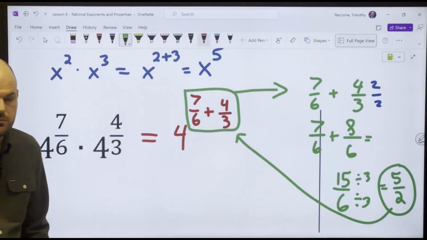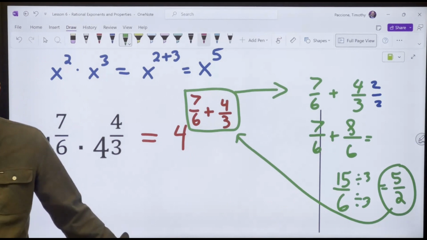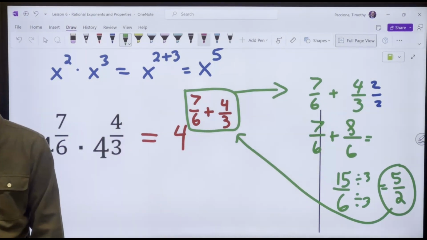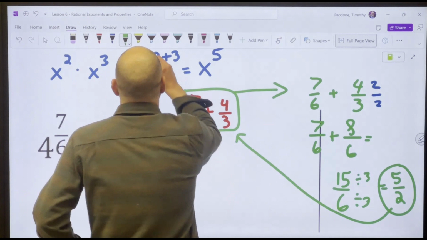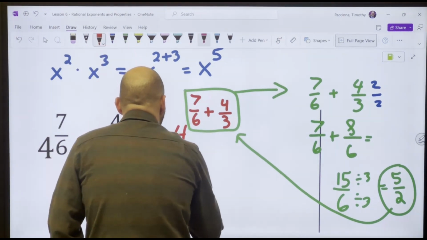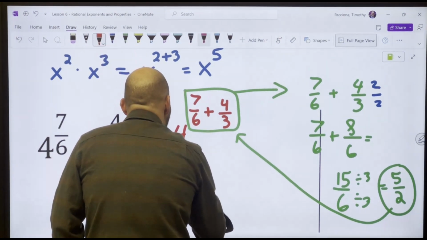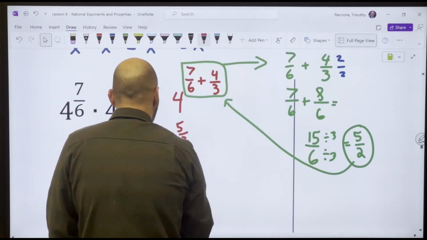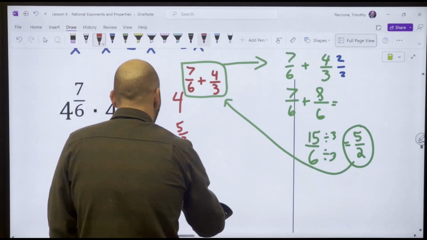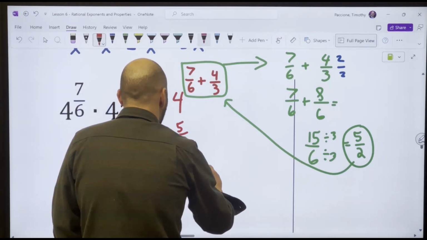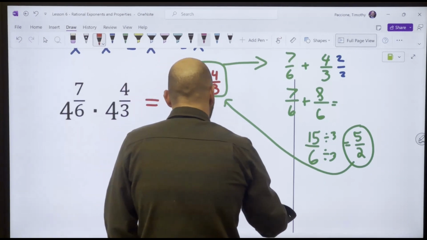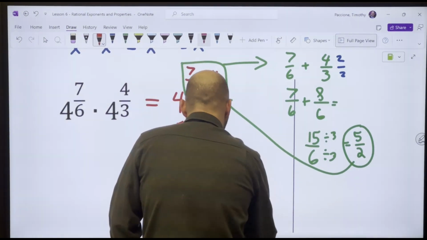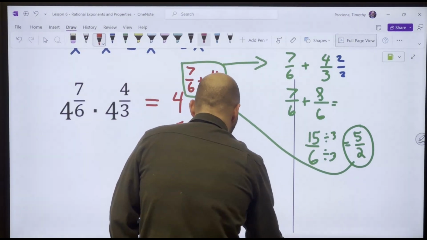So this goes back in where that was, right? We figured out what that is. We know what 7/6 plus 4 thirds is now. It is 5/2. So this is 4 to the 5/2, and now it becomes like your warm-up. Take the second root, take it to the 5th, okay? So I say, okay, square root of 4 to the 5th, which is 2 to the 5th, which is 32.